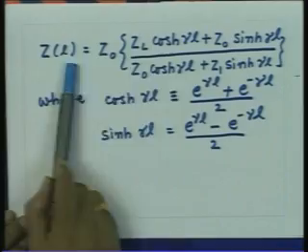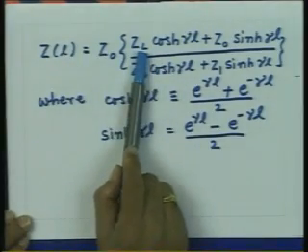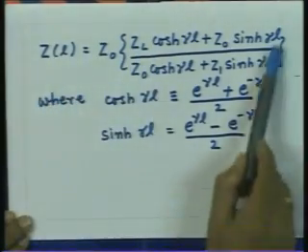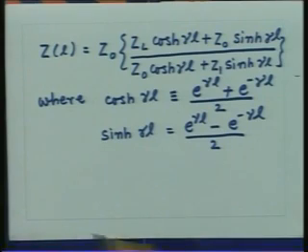So, this now is telling me that the impedance at location L is related to the load impedance through this relation, what we call the impedance transformation relation.